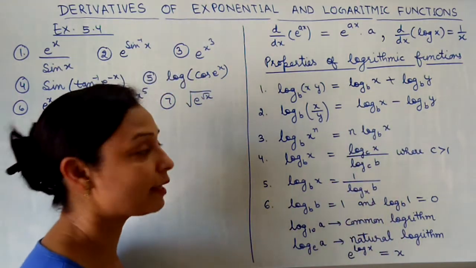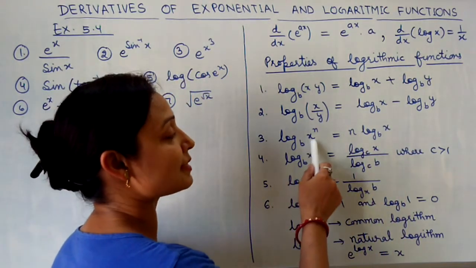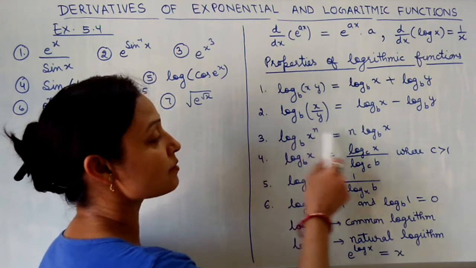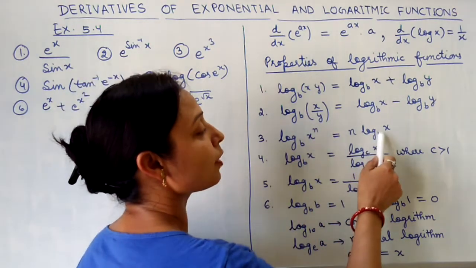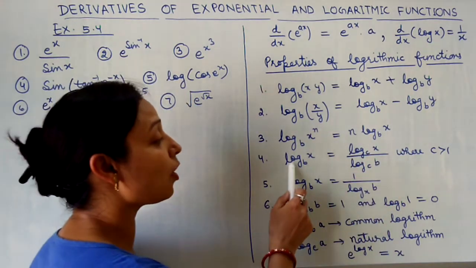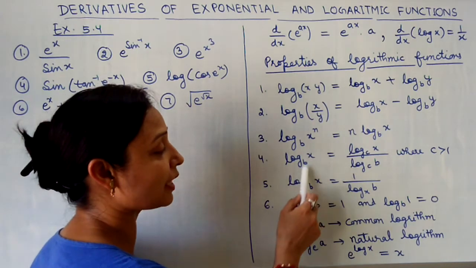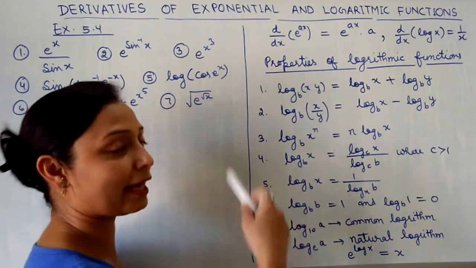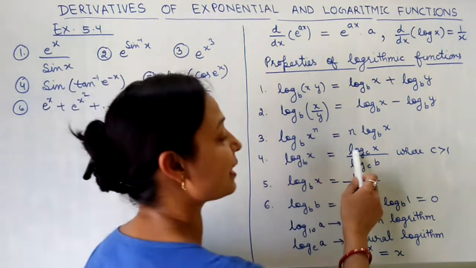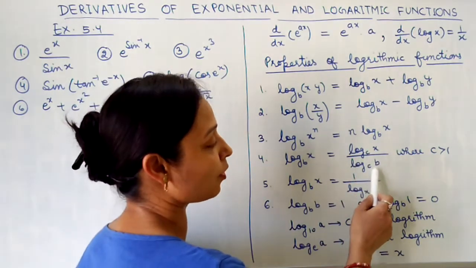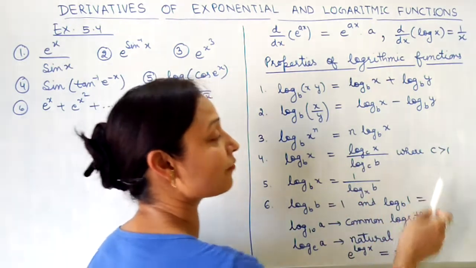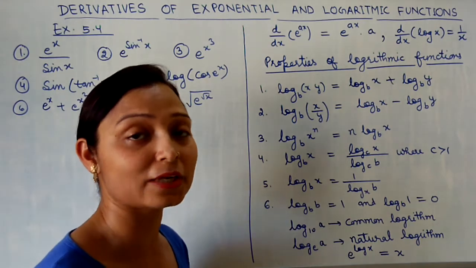If log base b of x raised to power n, the power n comes in front. If I want to change the base of log bx to any other number, you can write it as log c x upon log c b. The condition on c is that it should be greater than 1.